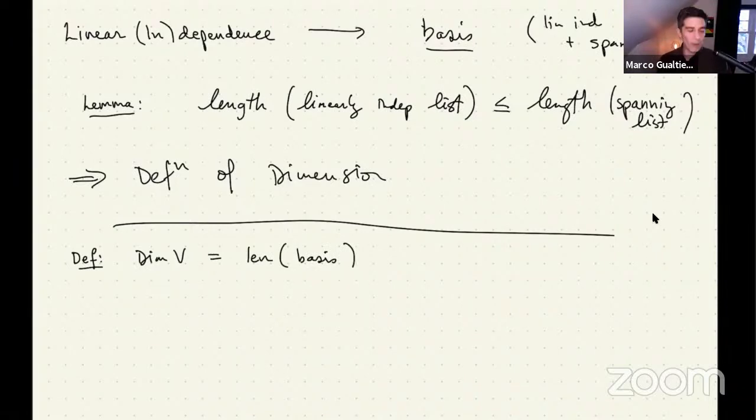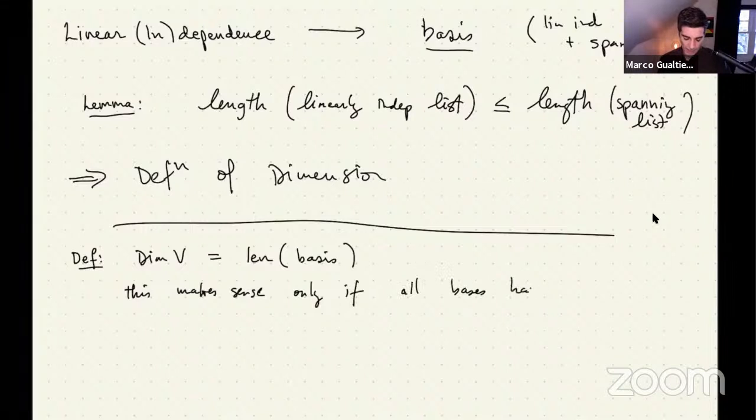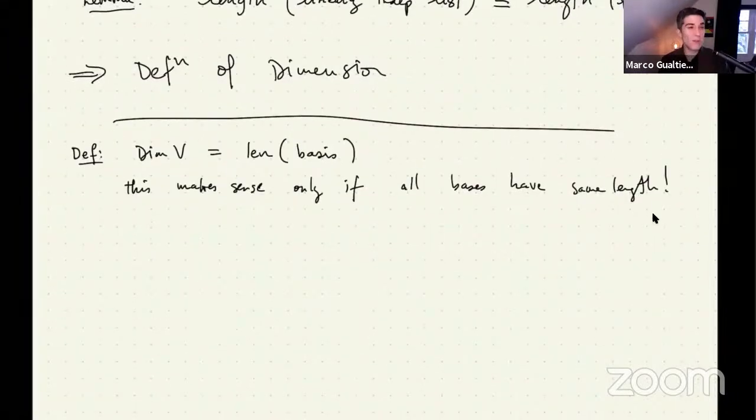Okay, but the problem is, this makes sense only if all bases have the same length. So how do we know that? This is a preliminary result that we would need before this definition.